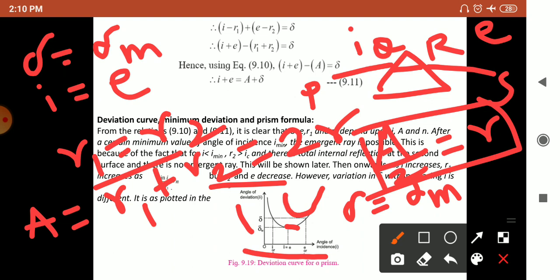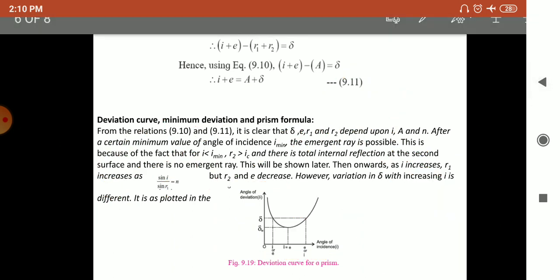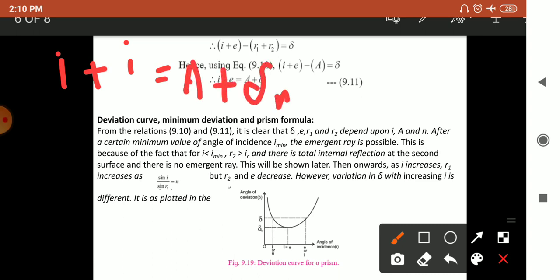So we are getting this relation, R is equal to A by 2, and now in this case QR is parallel to the base BC. Then we can write I is equal to E. From this one, the relation becomes I plus I equal to A plus delta m.